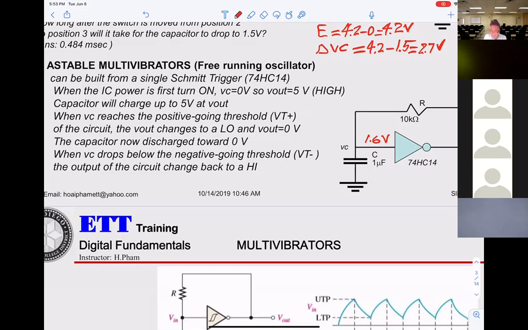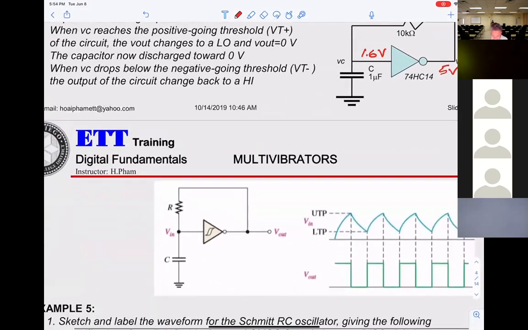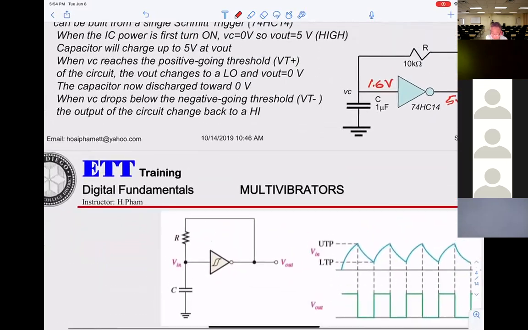So whenever you see HC14, you can remember the data here is taken from the data sheet of the IC. If you get 1.6 volt in here, it's considered 0, and the output is supposed to be 5 volt. And now, if you get the input, let's see how many volts here, 2.75.